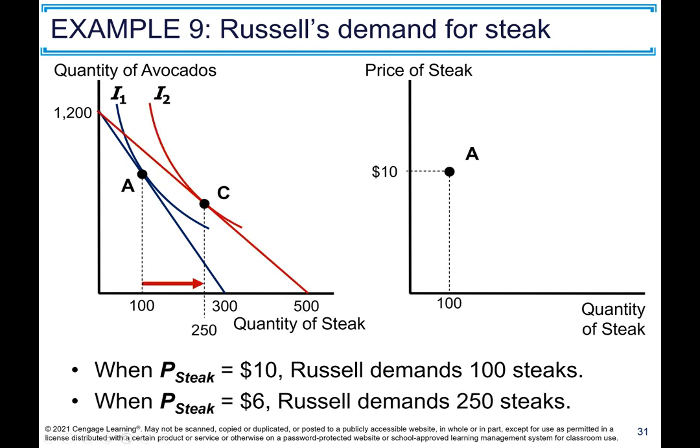When the price of steak declines to $6, Russell demands 250. You move from 100 to 250. The new point on the demand curve, the original point was A, the new point is C. When you join these two points, A and C, you have a demand curve for steaks.